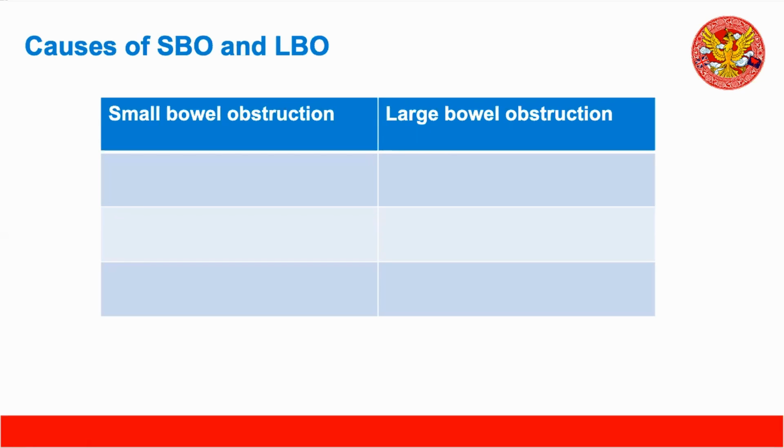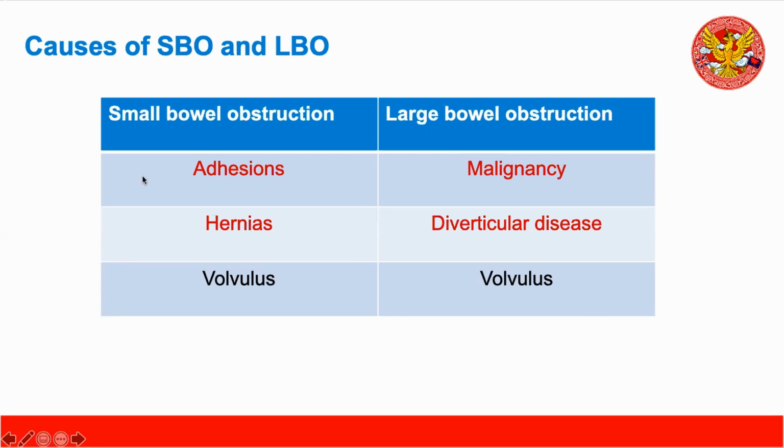So malignancy is the most common cause of large bowel obstruction. Small bowel obstruction is more common than large bowel obstruction in general. Hernia can also cause small bowel obstruction. So adhesions and malignancy are the most common causes. You can also have hernias and volvuli causing it, and also diverticular disease.